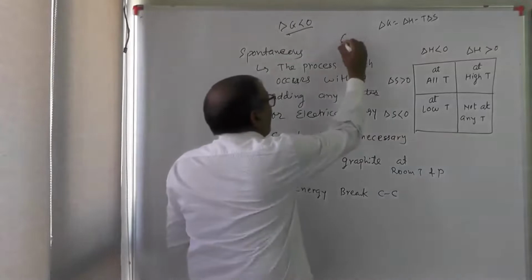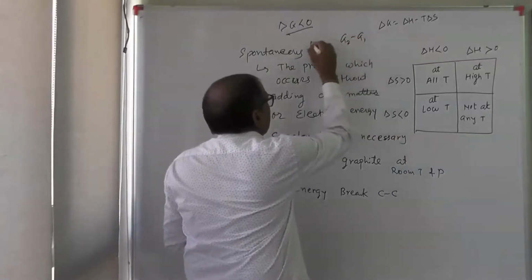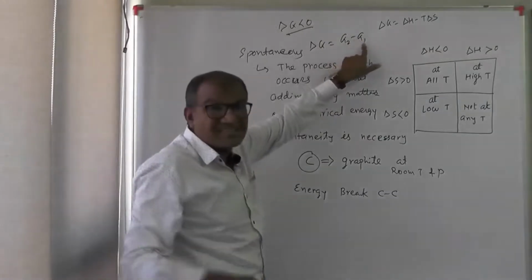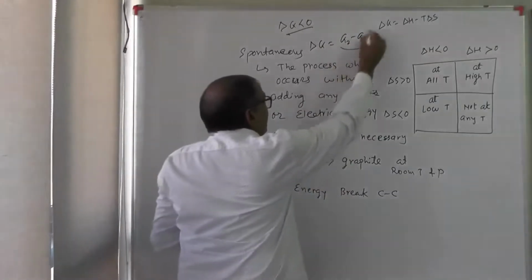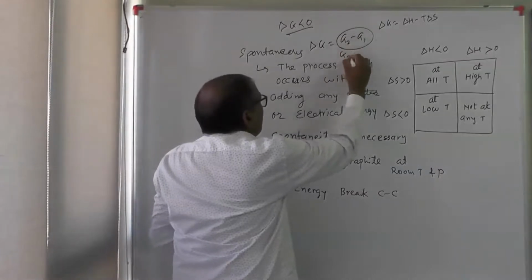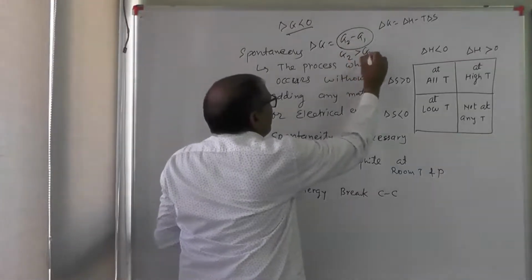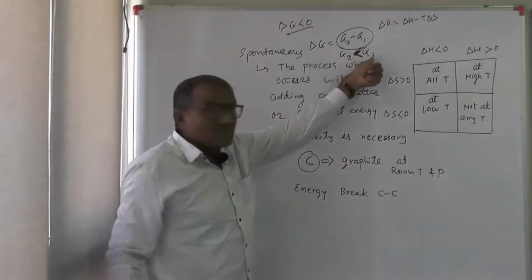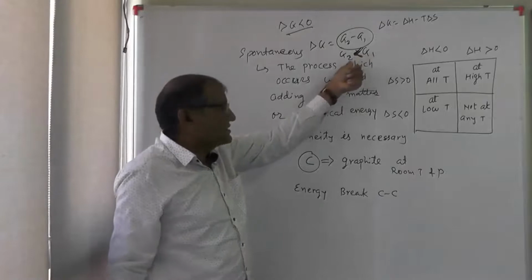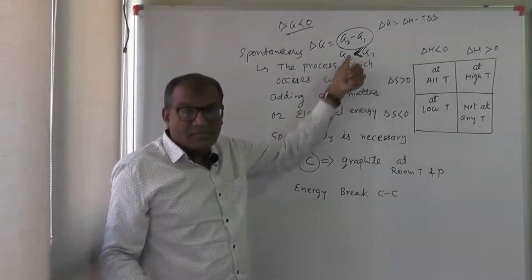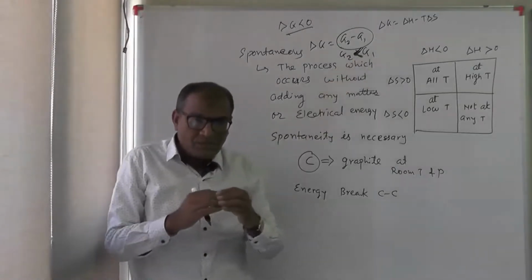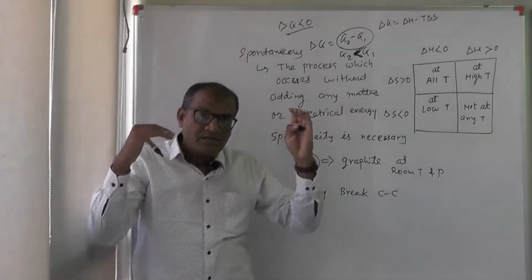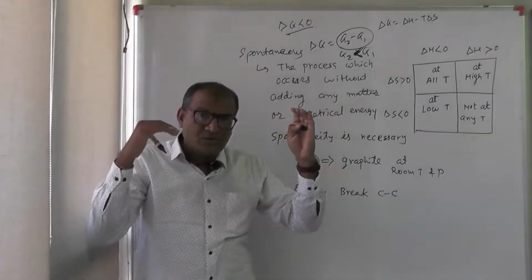What is the meaning? G2 minus G1, that is delta G. G2 is the final Gibbs free energy, G1 is the initial Gibbs free energy. If this is negative, the meaning is G2 is less than G1, and earlier Gibbs free energy was higher than the final Gibbs free energy. So initially the Gibbs free energy was a high value, and in the final condition the Gibbs free energy was a low value.